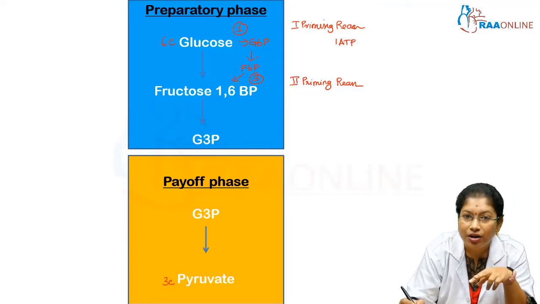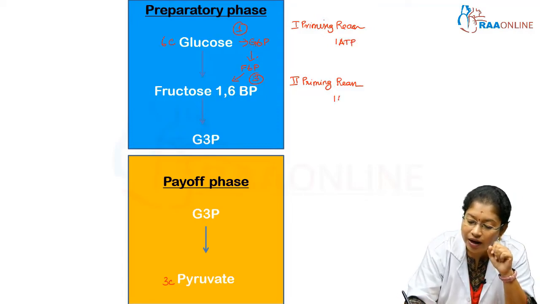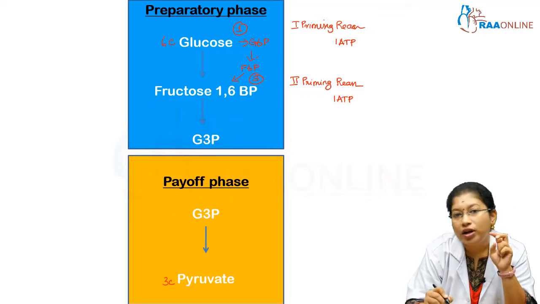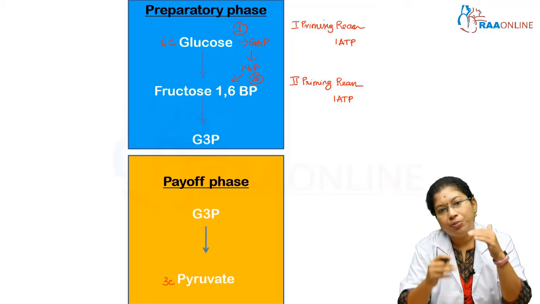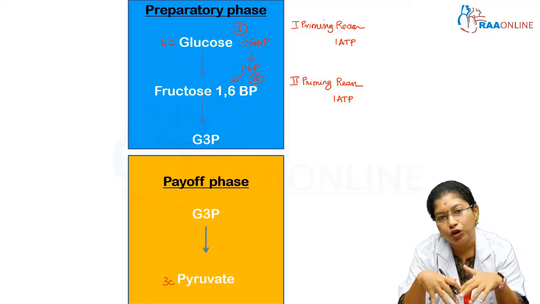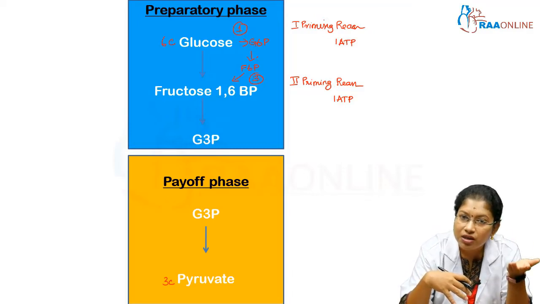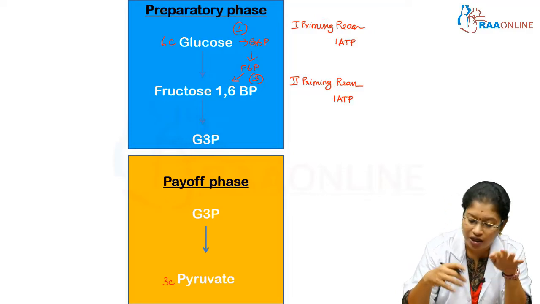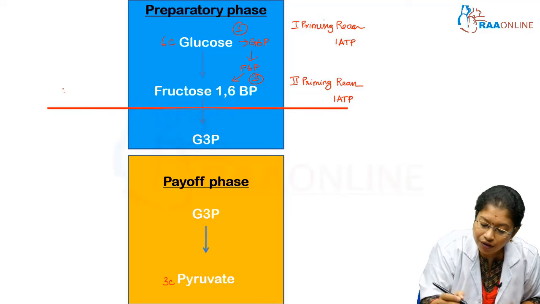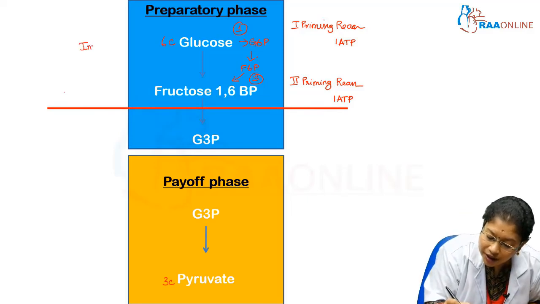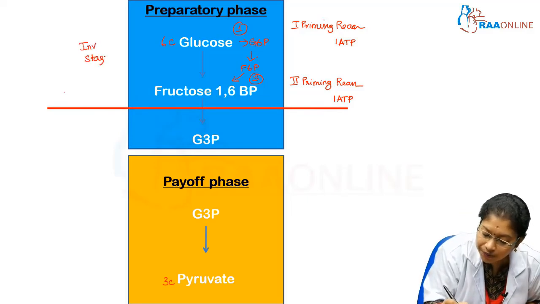In the second priming reaction, we add another ATP. So totally we are investing 2 ATPs. That is why this preparative phase is further divided into two stages: the investment stage and the splitting stage. Till here, we call it the investment stage.